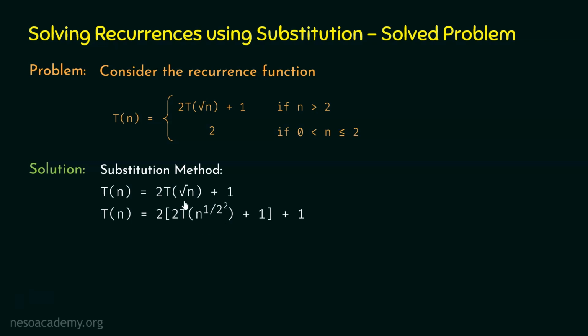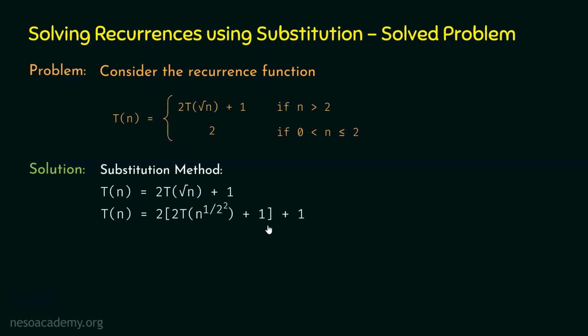We know if we have square root of n, this means it is equivalent to n power 1 by 2. And if we are taking the square root of that, this is equivalent to n power 1 by 2 square. We are multiplying 1 by 2 by 1 by 2 in the power. That's what we are doing here. So this is the reason why we are getting n power 1 by 2 square.